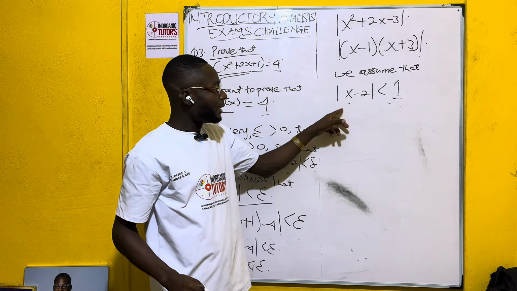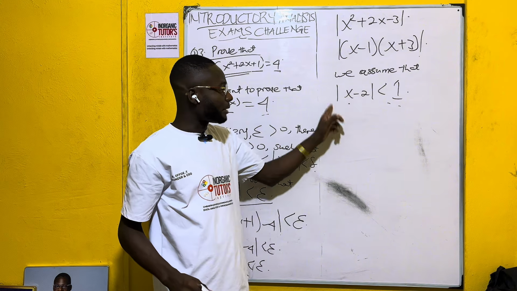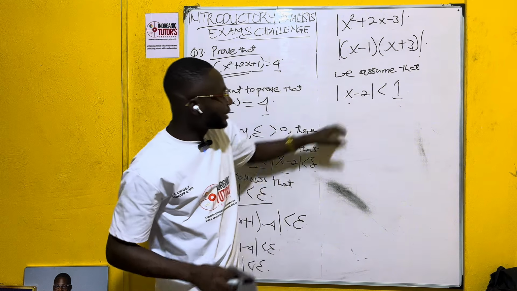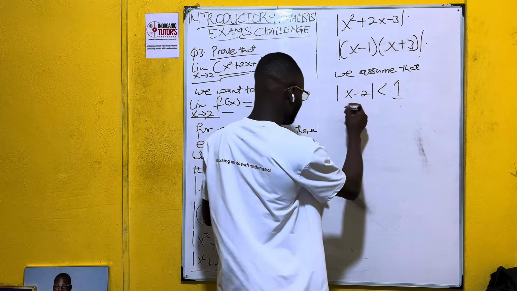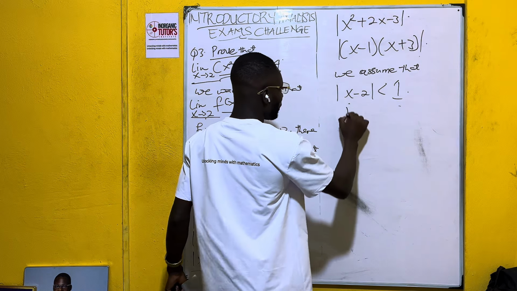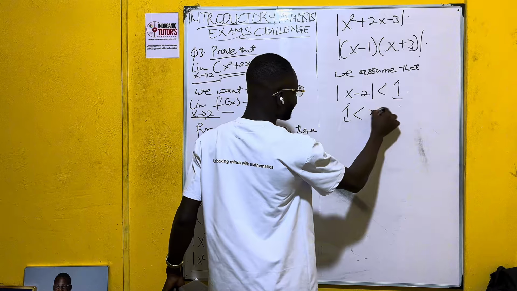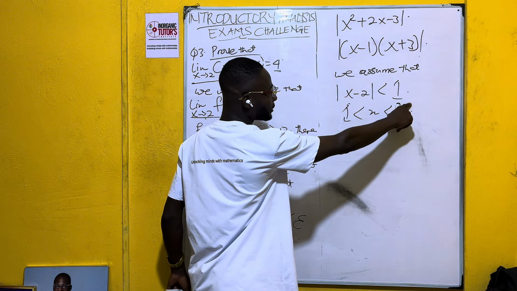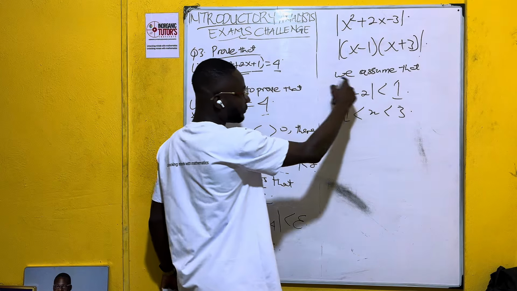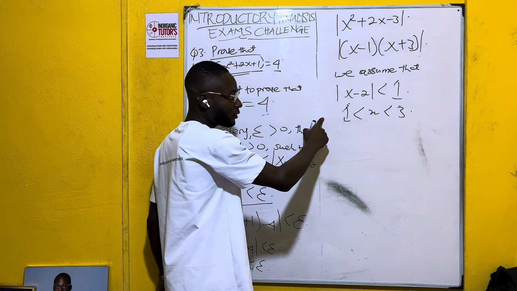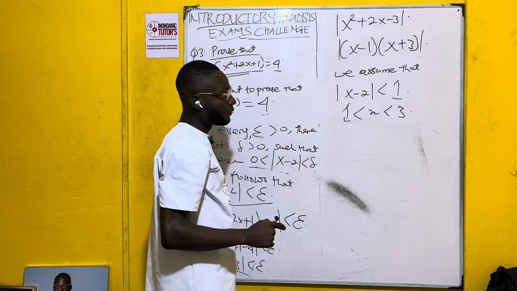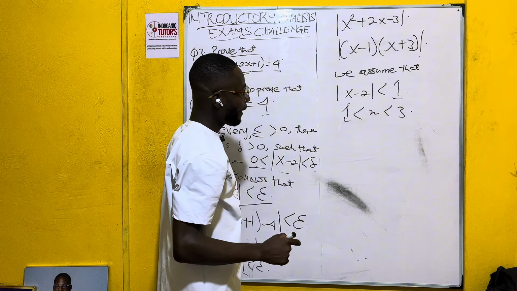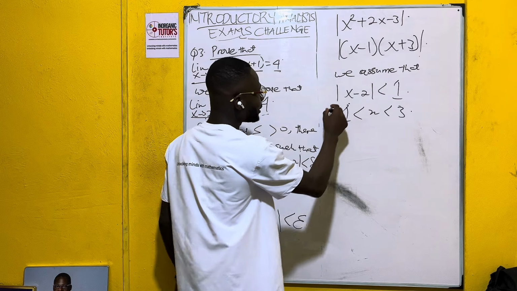If you remove the absolute value, you are going to have a plus or minus x minus 2, and you get 1 less than x less than 3. Because if you send this here, you have plus 2, which is going to be 3. If you bring this here, you have positive 1, right? So that is how it's going to be. Okay, so this is the result.